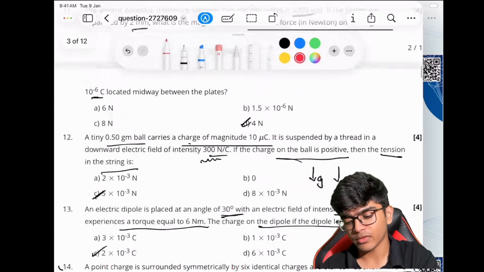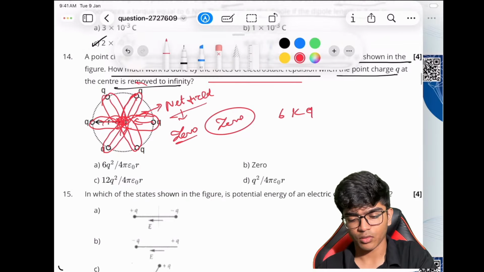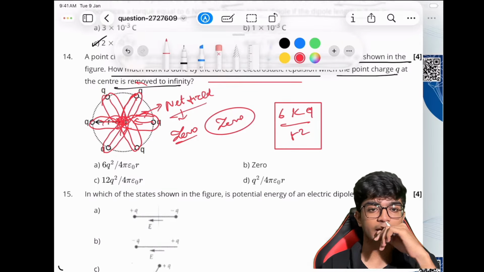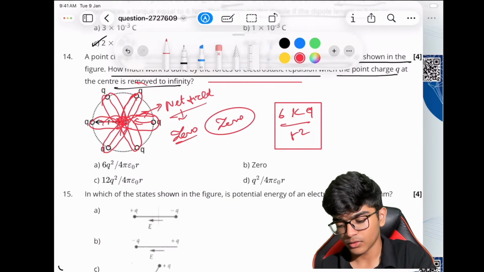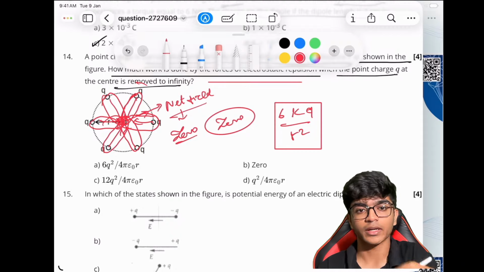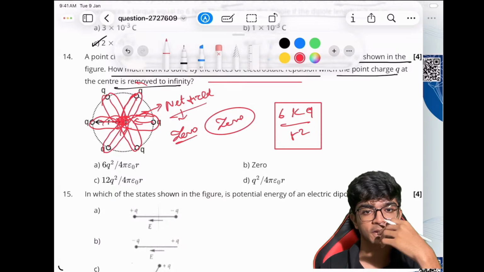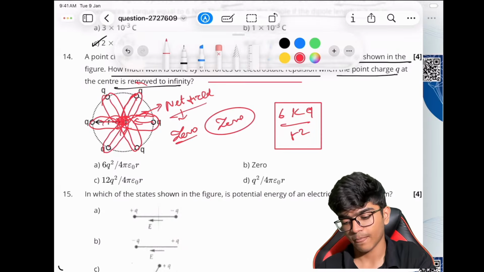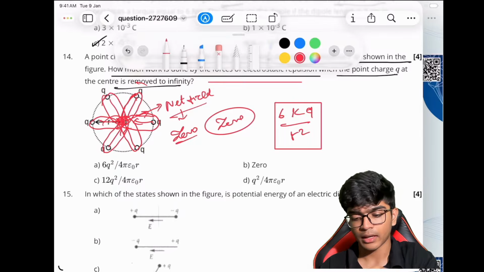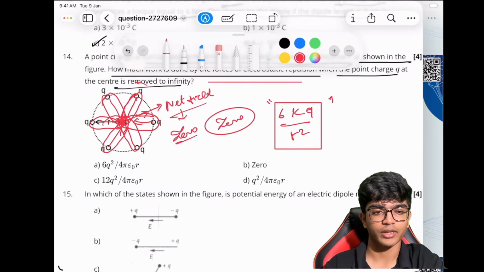So 6 times k q by r, this will be my total potential. So the potential here is 6 k q by r, but the field is 0. அப்போ இதை இன்ஃபினிட்டிக்கு எடுத்துகிட்டு போனால் இண்டிவிஜுவல் காம்பினேஷனுக்கு நெட்டாக இது என் டோட்டல் பொட்டென்ஷியல் சேஞ்ச்.